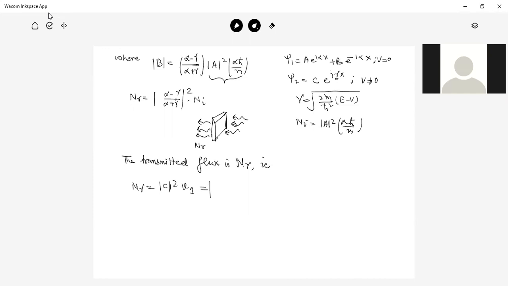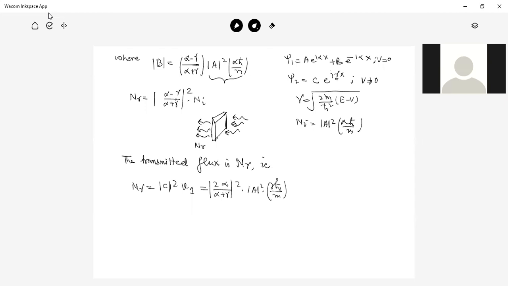So this C square is 2 alpha upon alpha plus gamma whole square into A square into gamma h by h cross by m. Gamma h square.